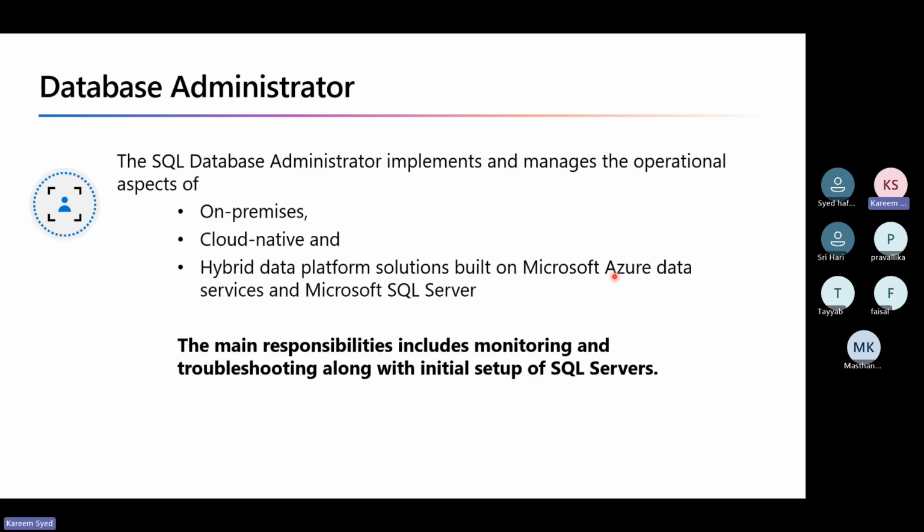From Amazon, we have AWS, Amazon Web Services. From Google, we have GCP, Google Cloud Platform. We have China cloud like Alibaba, and different cloud data centers. That means some servers are on-premises and some are in the cloud. Sometimes we need to maintain both, which is a hybrid data platform, a hybrid combination of both.